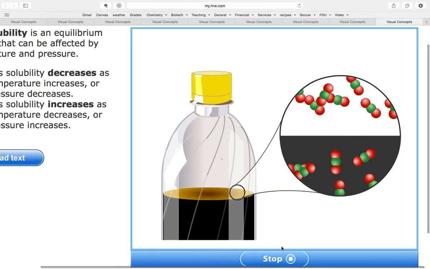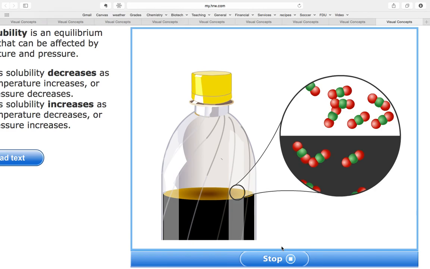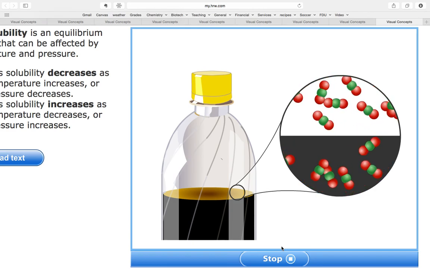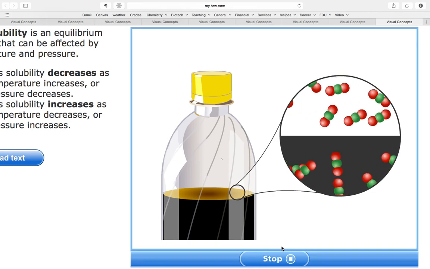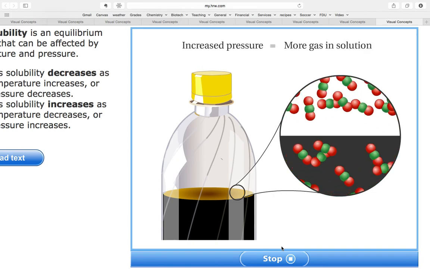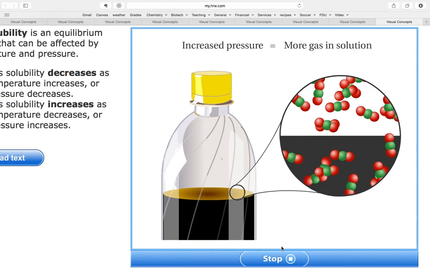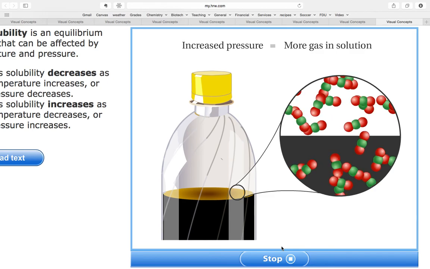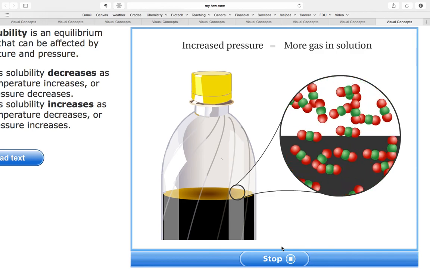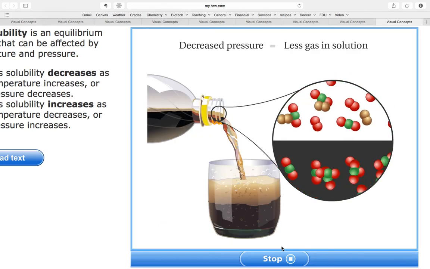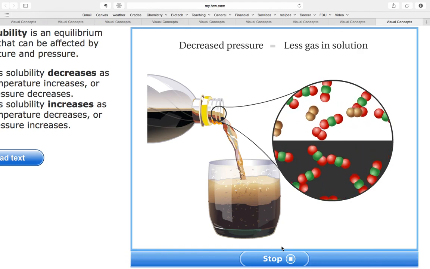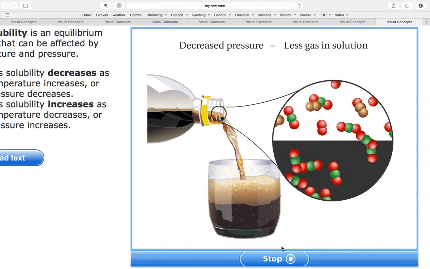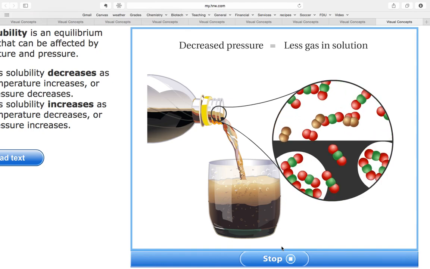The solubility of gases in liquids is an equilibrium process. When gas is present at the surface of a liquid, there is a flow of gas molecules into and out of the liquid. If we increase the pressure of the gas over the liquid, the equilibrium is shifted towards reducing this pressure by increasing the amount of gas dissolved in the liquid. If we decrease the pressure of the gas, such as when we open a new container of soda, the equilibrium is shifted towards reducing the amount of gas dissolved in the liquid.